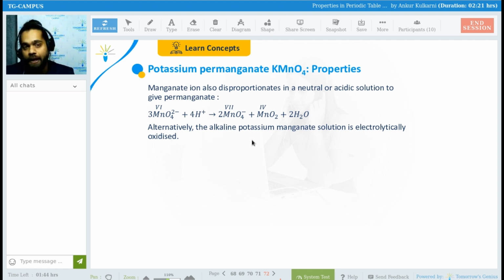This is another way to prepare MnO4 minus. For the reactant, that is not the correct term. And yes, Sajna, Kevin. What is disproportionation reaction?